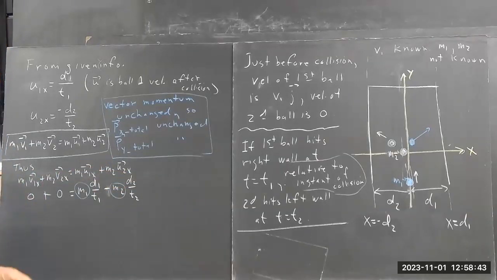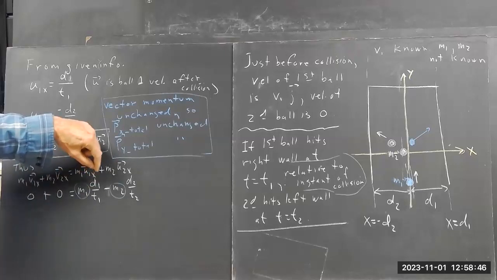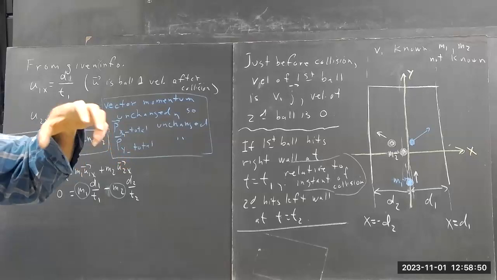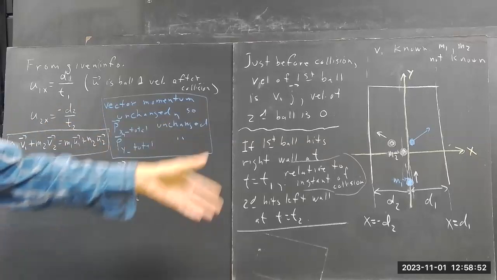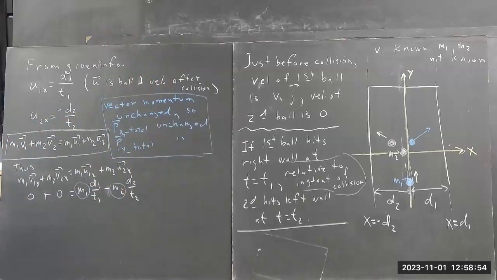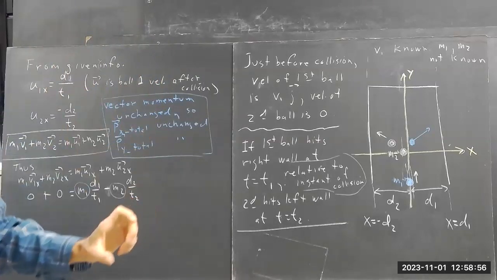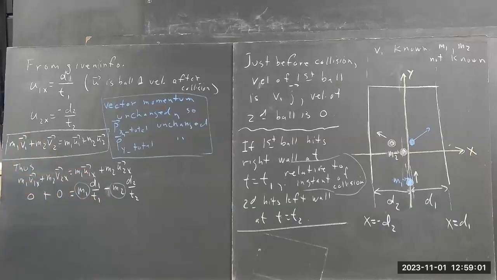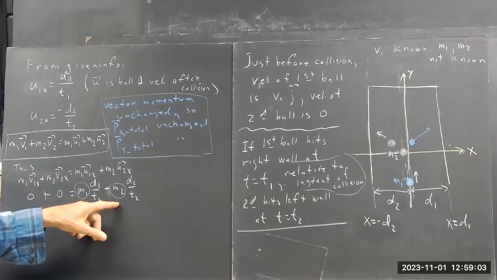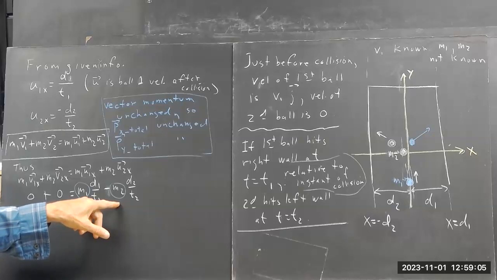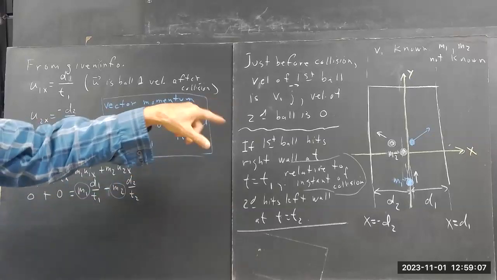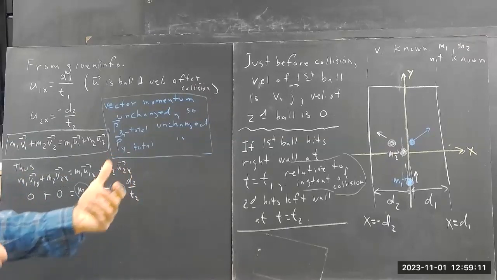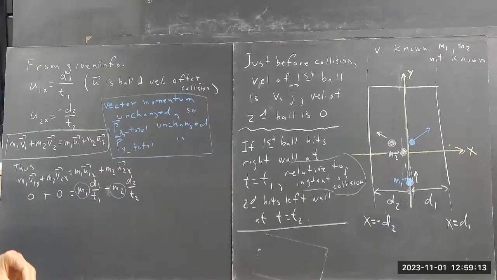Now, in analyzing the experiment, you're going to make the not precise assumption because we didn't go to a lot of trouble to make the two sides completely parallel, make sure that the ramp was right in the middle, but it was close. Okay. So in analyzing the lab, you're going to be able to get the ratio of the masses just from the time it takes each ball to get to the wall.